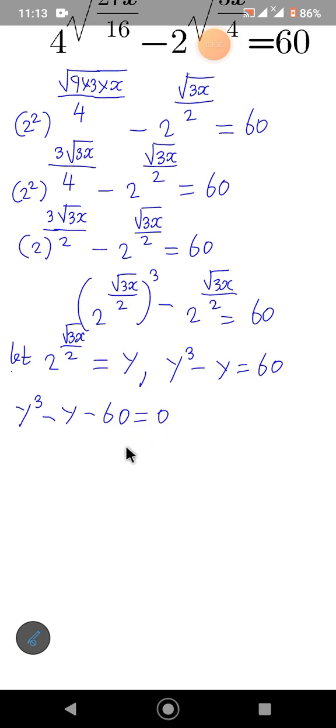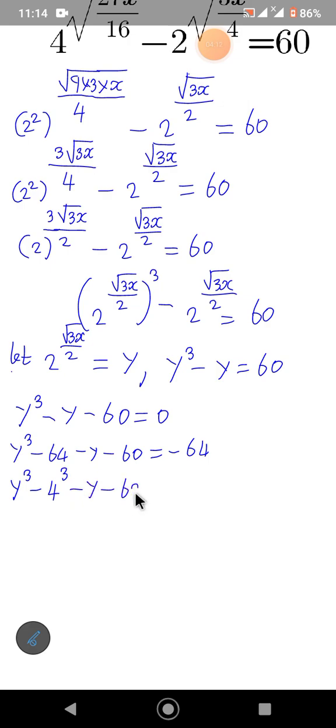Then the next thing I'm going to do is subtract 64 from both sides of this equation. So now I'm going to write y raised to the power of 3 minus 64, minus y minus 60, equal to 0 minus 64, which is minus 64. Then 64 is the same thing as 4 raised to the power of 3, minus y minus 60. Then minus 64, I'll take it inside and it becomes plus 64, all equal to 0.